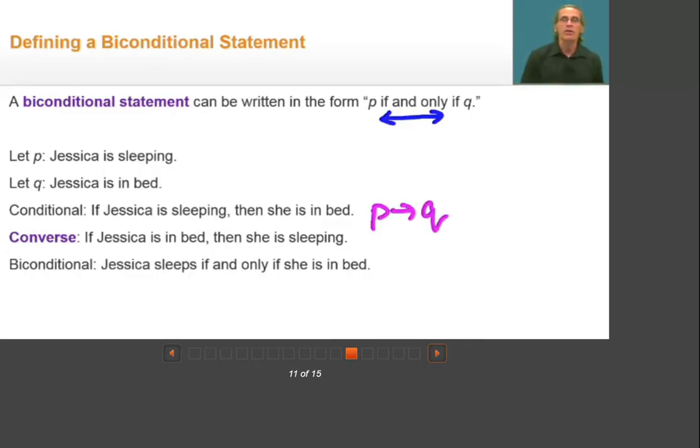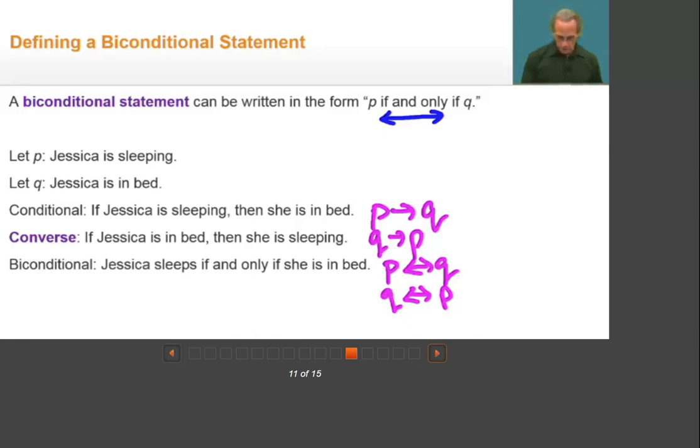The converse to the conditional statement is constructed by switching the hypothesis with the conclusion. So here the converse would read, if Jessica is in bed, then she is sleeping. So we finally get to the biconditional statement, which says Jessica sleeps if and only if she is in bed, which we could write as P if and only if Q, or even Q if and only if P. Now, a biconditional statement states a conditional and its converse statement.